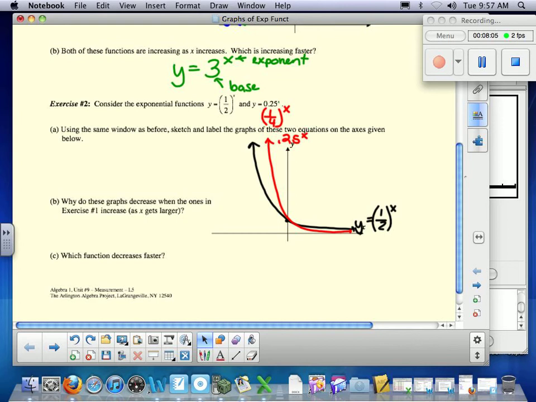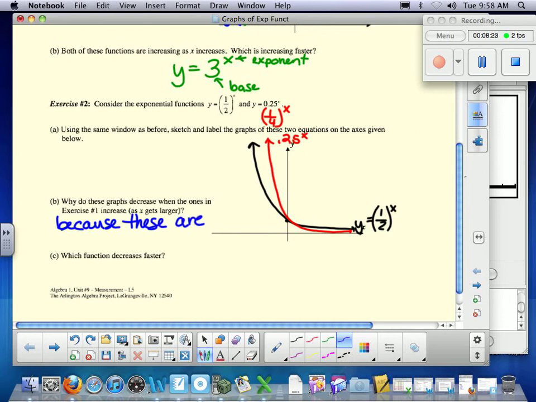Letter B, why do these graphs decrease when the ones in exercise number 1 increase? Okay. These ones are less than 1. Fraction or decimal bases. The big number, if you will, is a fraction or a decimal.